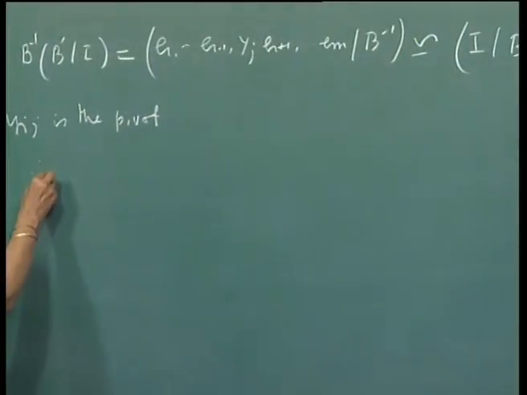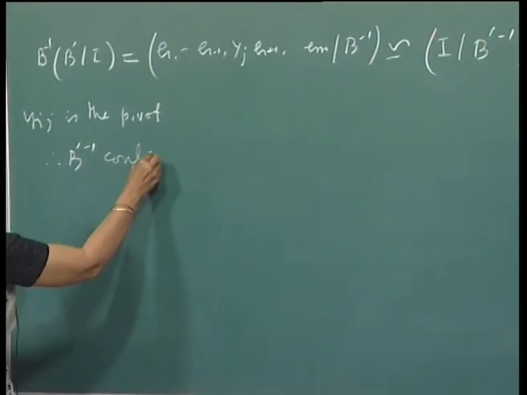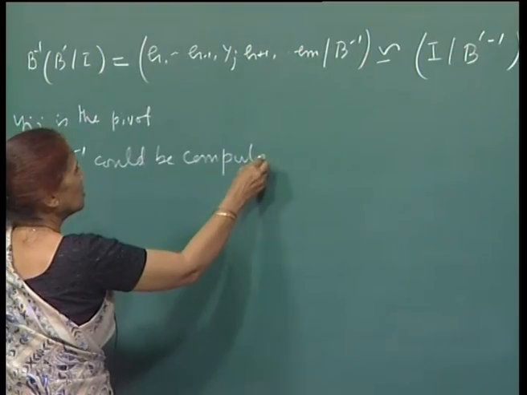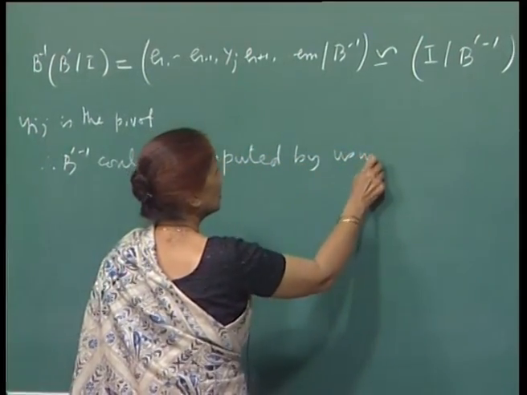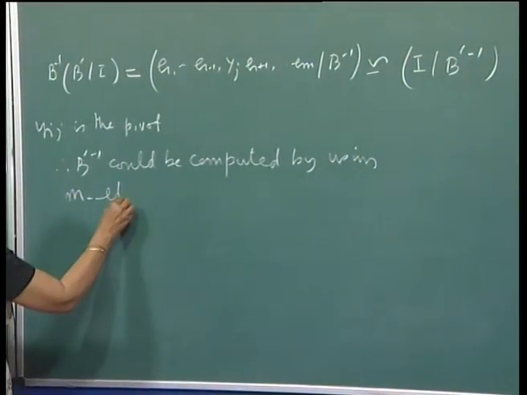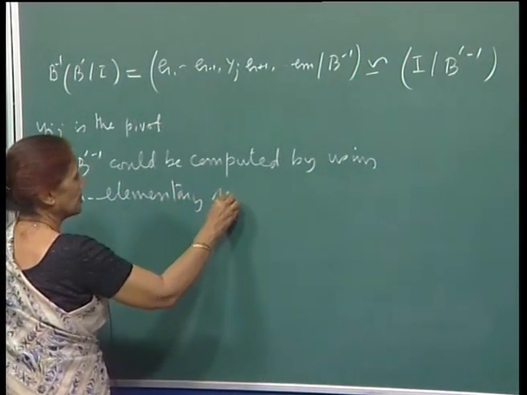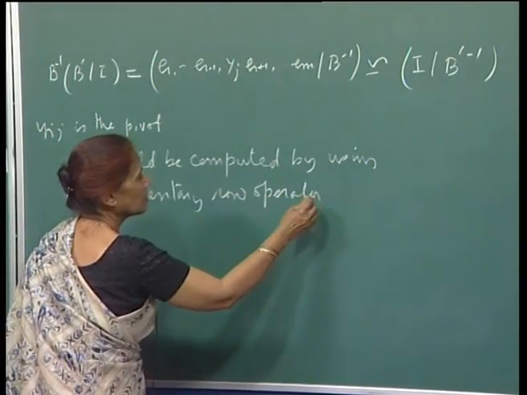Therefore, B prime inverse could be computed by using m elementary row operations only.